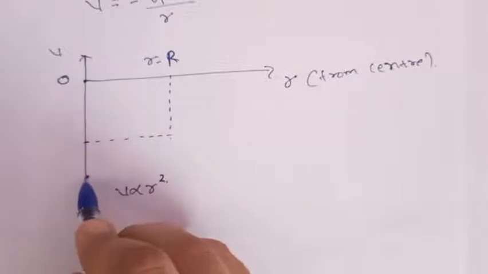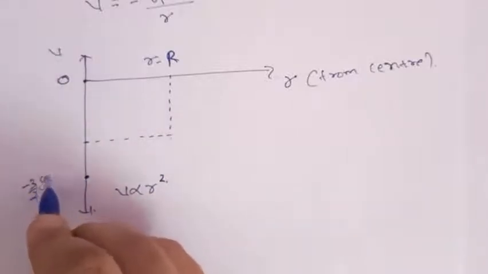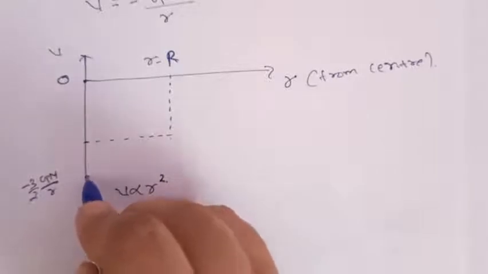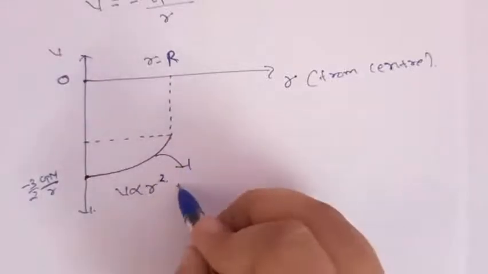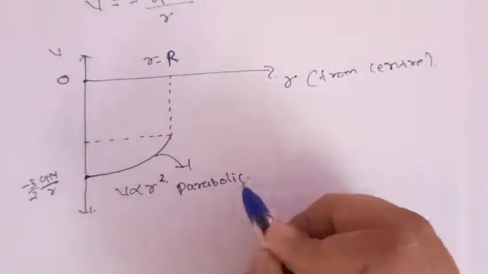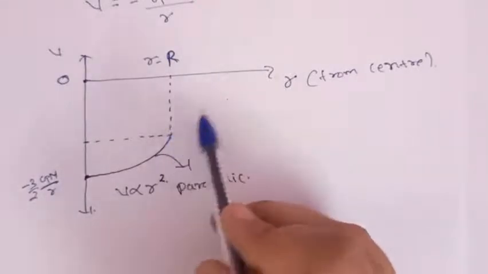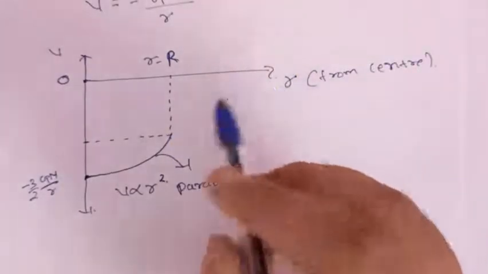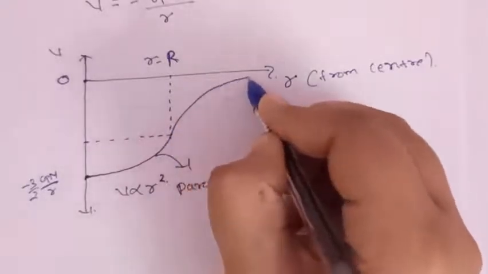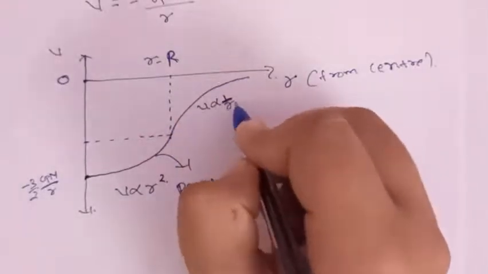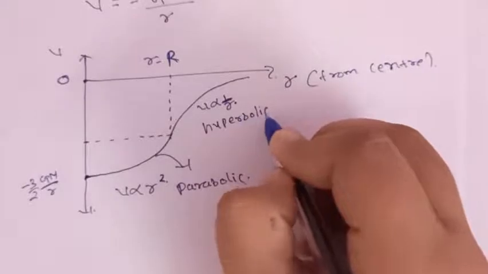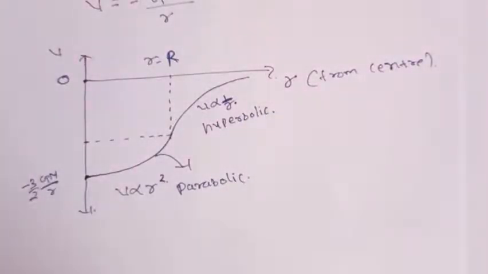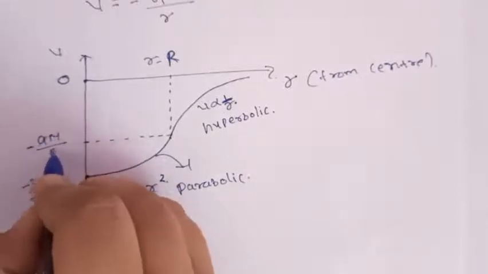So at the center, its value will be minus 3 by 2 GM upon R. The graph will be parabolic in this region. Now, outside the sphere, V is inversely proportional to r, so the graph will be hyperbolic. And the value of potential at the surface will be minus GM upon capital R.